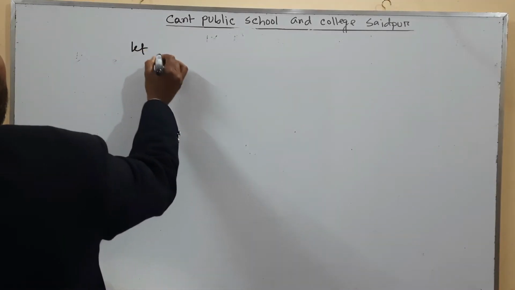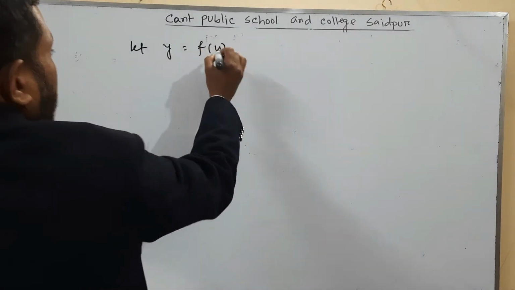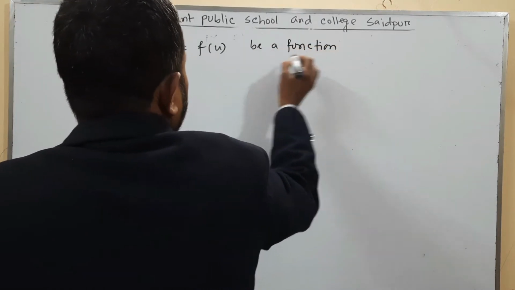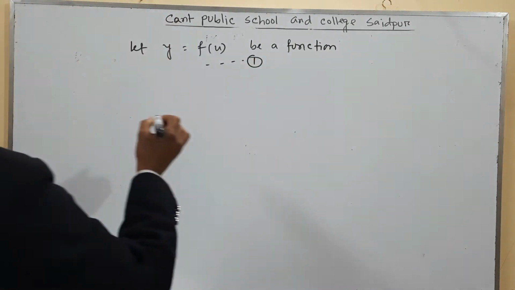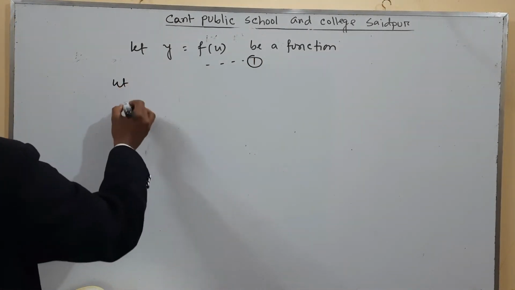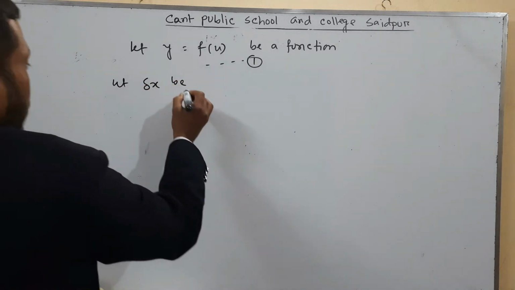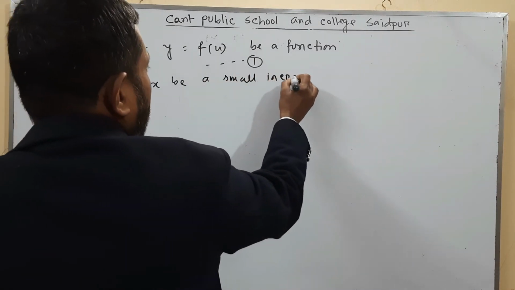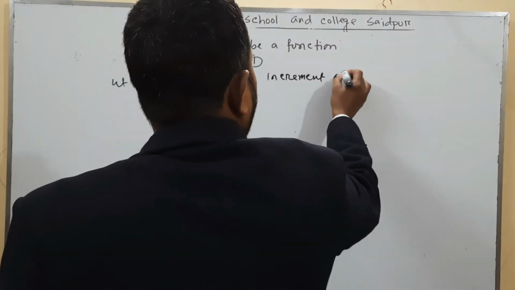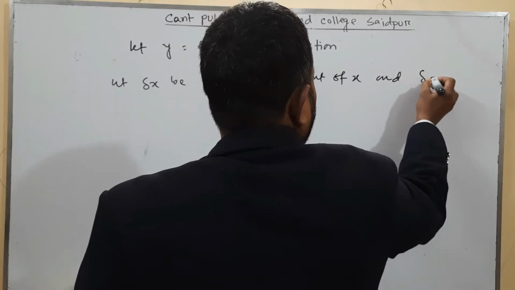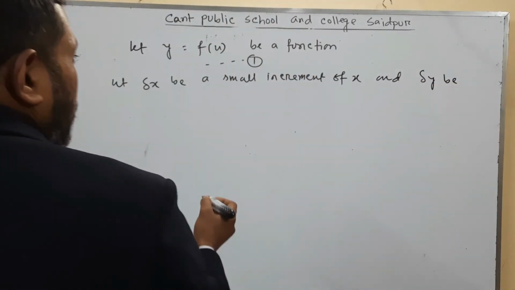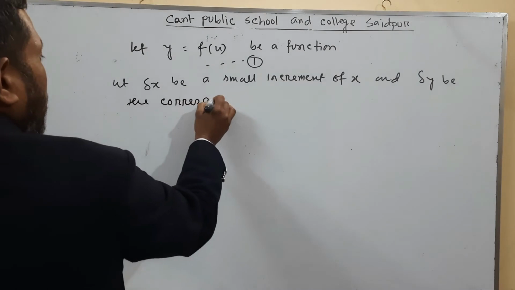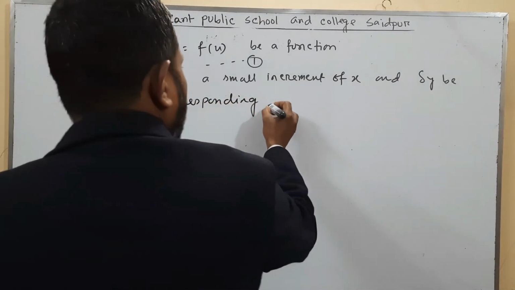Let y is equal to f of x be a function, and let del x be a small increment of x and del y be the corresponding increment of y.